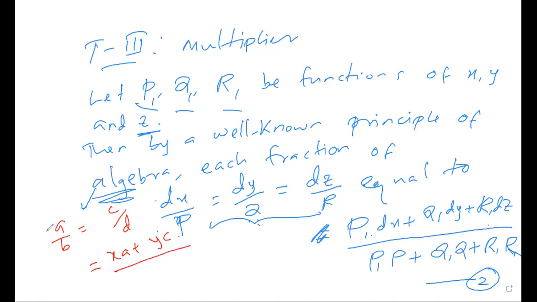So I'm multiplying this by X, this by Y, and if I add these two numerators, divided by these two denominators, this is also equal to the earlier fraction. It doesn't change anything. That's what it says. This is the algebraic principle. So you can write this as a note.